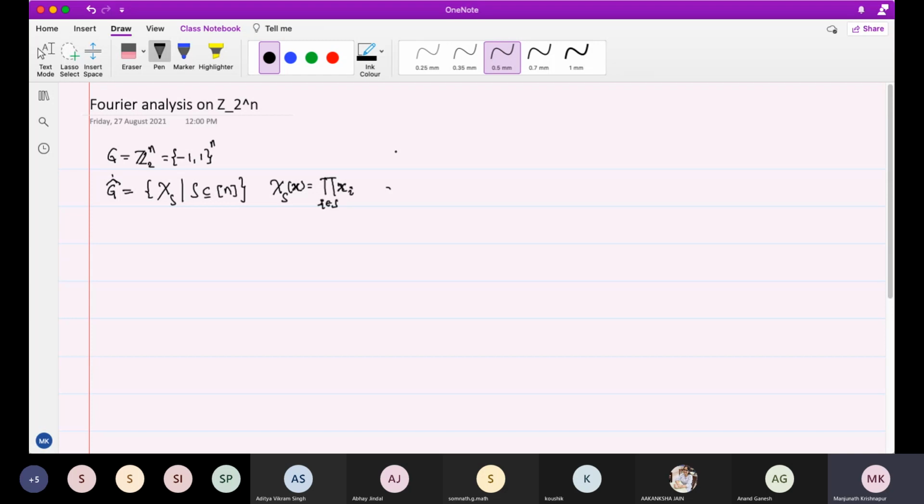And then, of course, if you have a function f, then its Fourier coefficients are, since we usually divide by the square root of the size of the group, f inner product chi S over the square root of the size of the group, where the size of the group is 2 to the n.